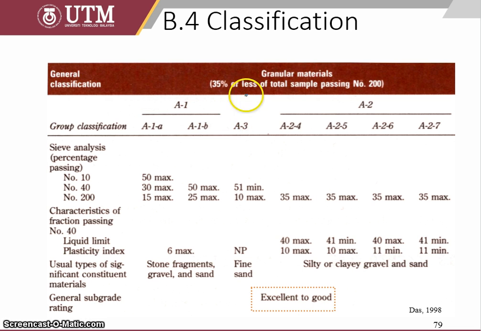So this is how the table of the H2 looks like. As you can see here, 35% or less passing number 200 is either A1, A2 or A3. And usually A1, A2, A3 is excellent to good as a subgrade of the road embankment.